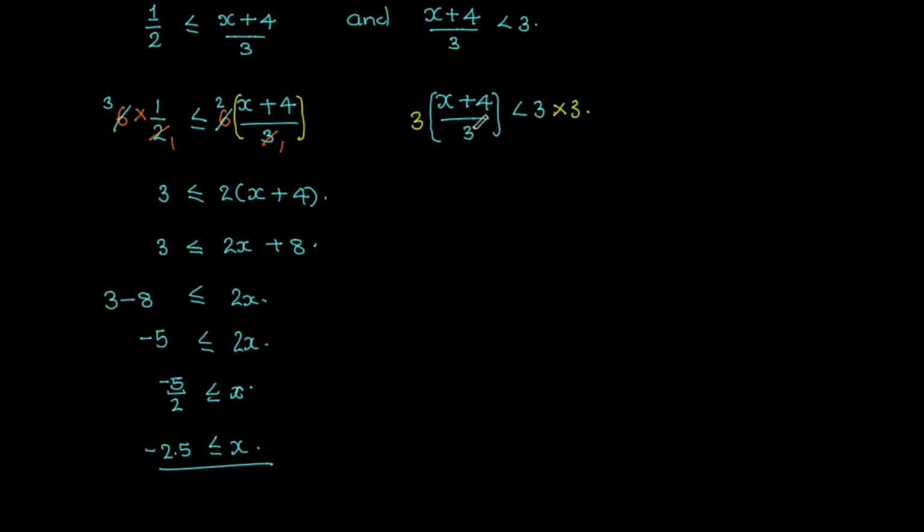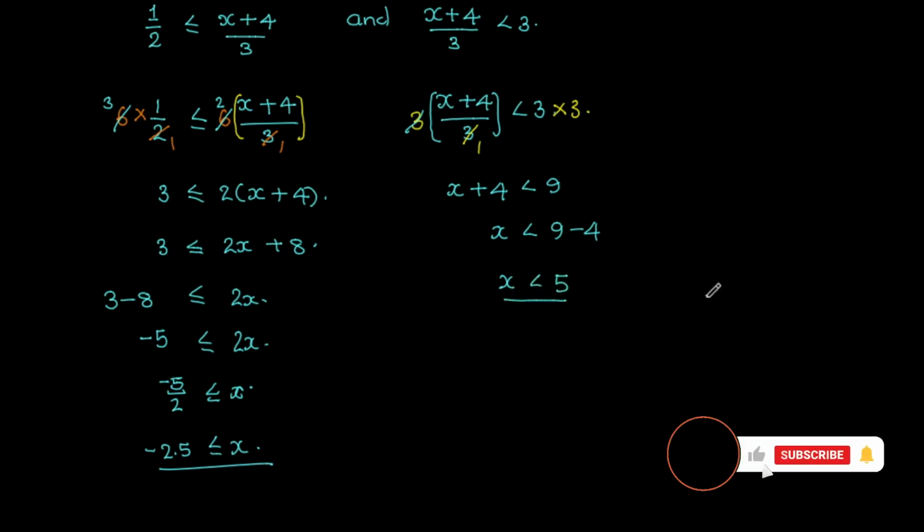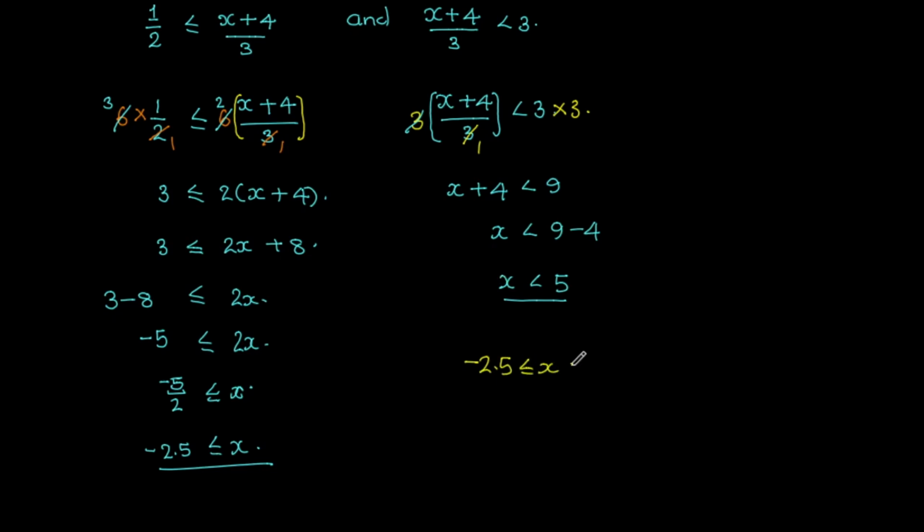So this 3 will cancel, and we have on the left hand side x plus 4 is less than 9. Collecting like terms, we have 9 minus 4. So finally x is less than 5. Then combining the two together, the smallest value is negative 2.5 is less than or equals to x, and this x is also less than 5.